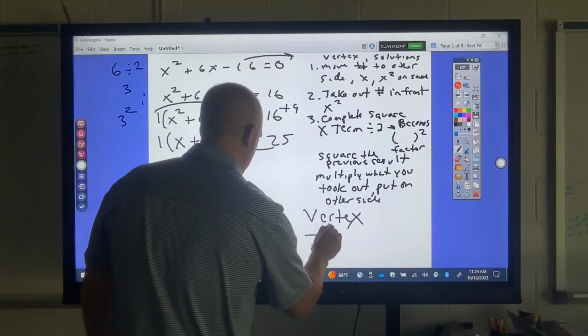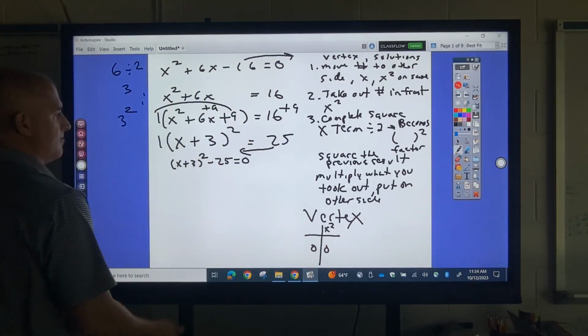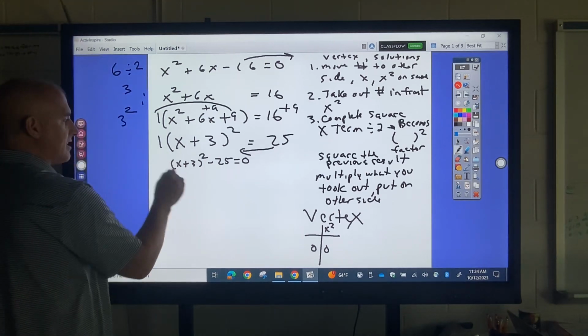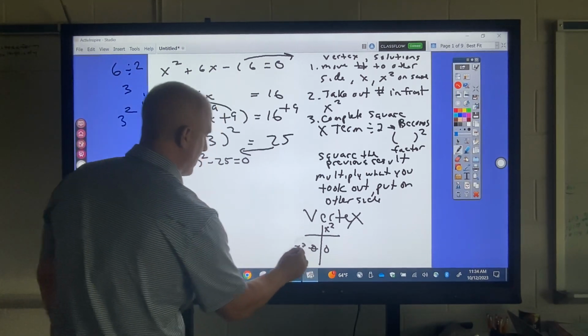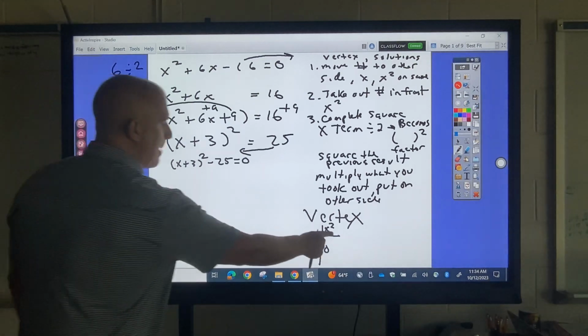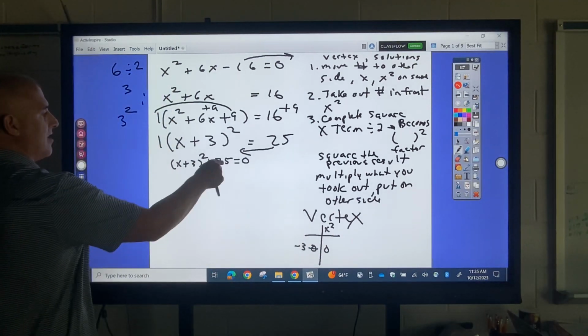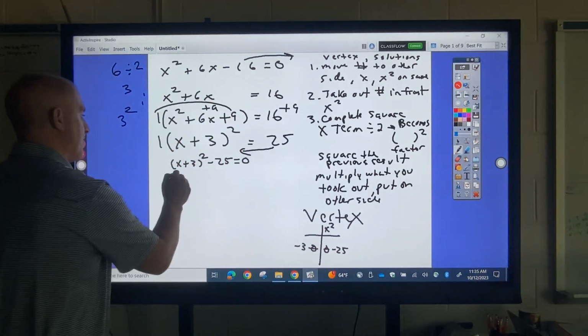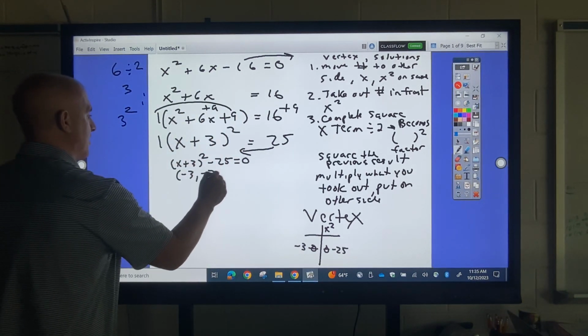Even if it's x squared, 0 squared is 0. How would I get that? I would solve inside, and that would be negative 3. What would happen to my y values? Nothing out here. I would subtract 25, so that's negative 25. So my vertex here is negative 3, negative 25.